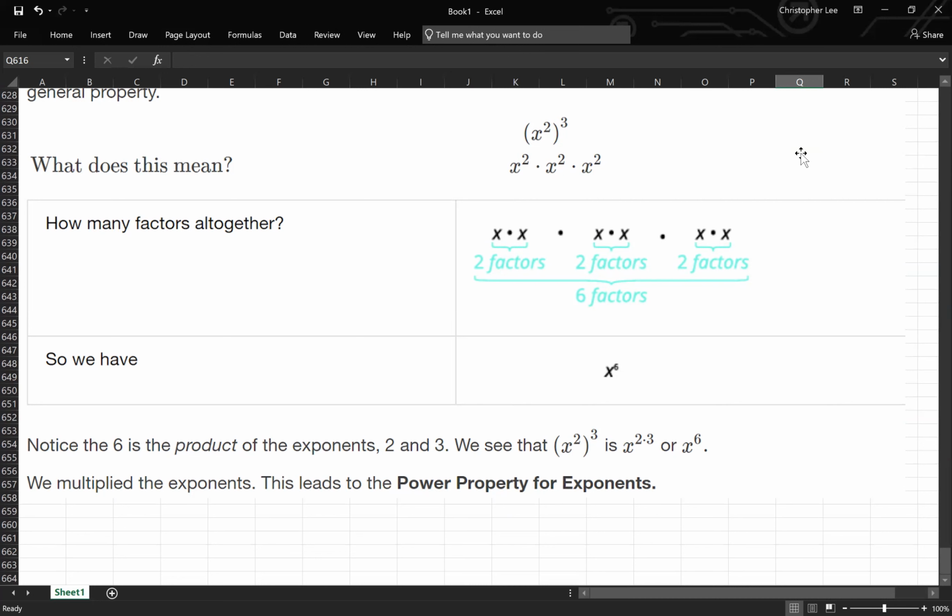So this leads us to the power property for exponents. Let's talk about it.